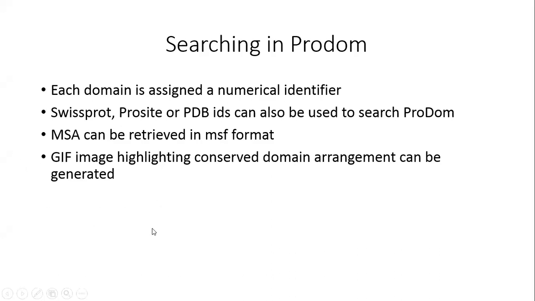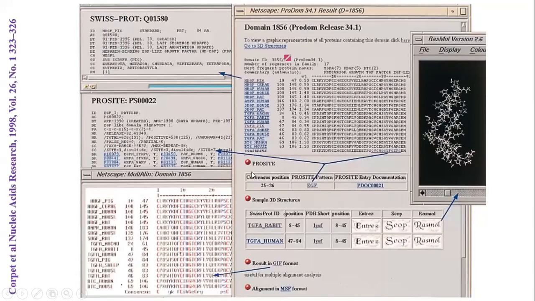Of course you can download the GIF image which would highlight the conserved domains. Arrangement can be generated, that can be downloaded. So here is what the database looked like back in say 1998. Given the main ProDom database entry, you used to have this link to SwissProt.